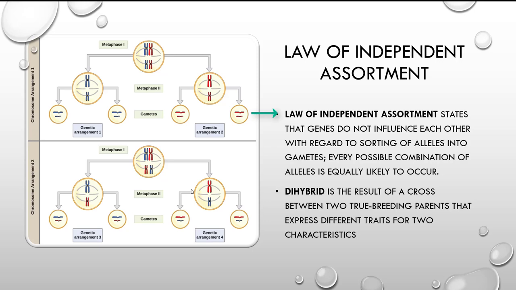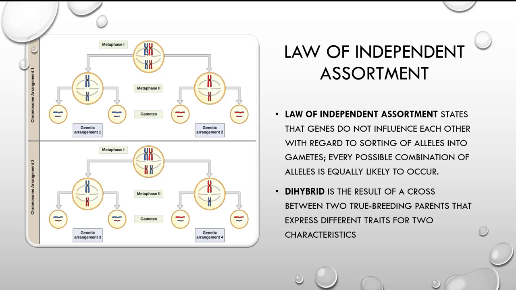So we talked about, did we talk about the law of independent assortment? I can't remember, but in metaphase 1 and metaphase 2, remember how this is the second opportunity for genetic variation with our gametes, because during metaphase 1, the homologous chromosomes orient themselves independently of one another.